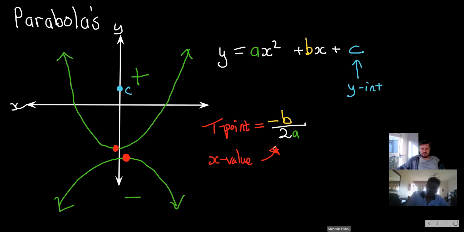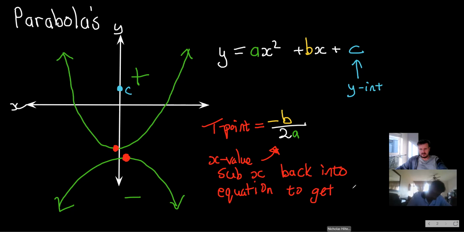Now, in order to figure out what y is, you simply put your x value back into this equation wherever you see an x. So you just sub your x back in to get y.